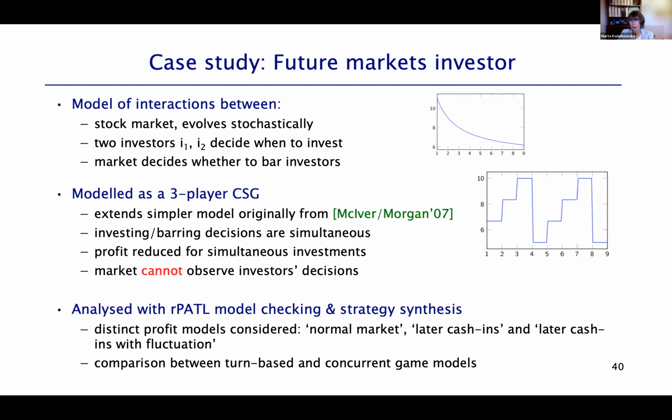First of all, I'm showing you an example of the difference that using a concurrent stochastic game versus a turn-based stochastic game can exhibit certain types of behaviors that were not seen before, and in fact can show advantages of certain types of cooperation, but also the fact that in a concurrent game, the players independently make their choices.